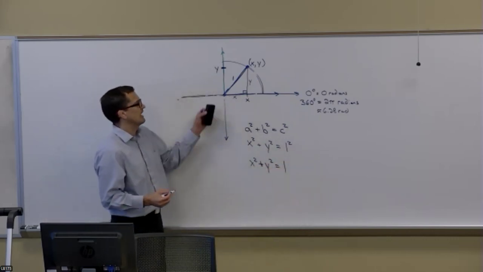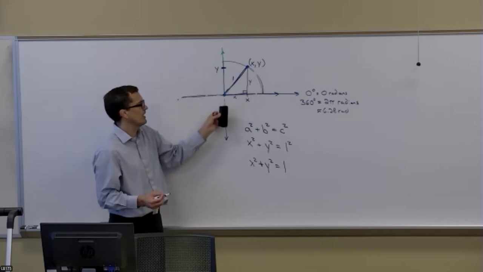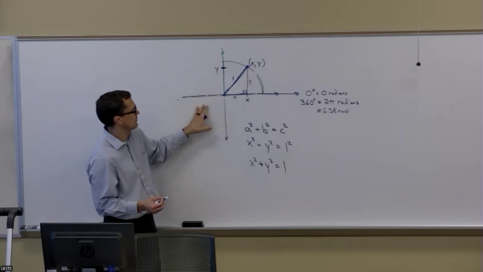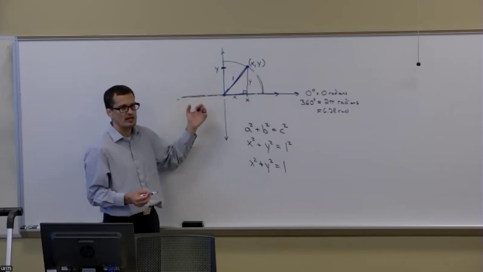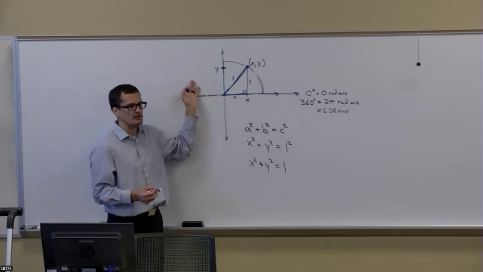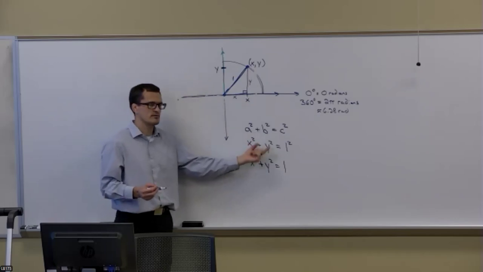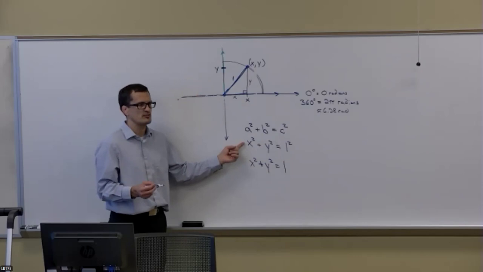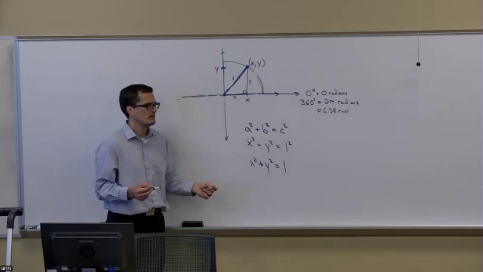And that works very well in the first quadrant. You can imagine if we go to the fourth quadrant or the third quadrant or the second quadrant, we might have a negative y value, but that's fine because squaring it gives me a positive. Or a negative x value, that's fine. Squaring it will give you a positive.